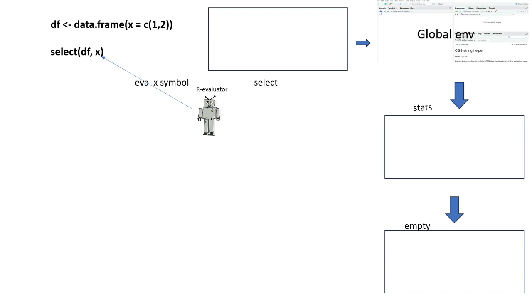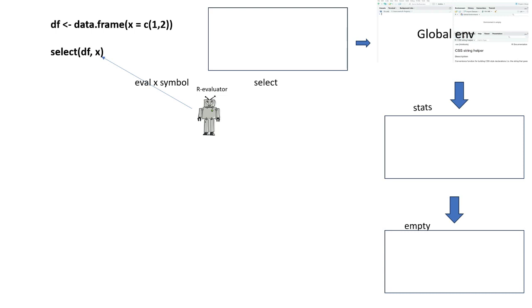So we know what the default behavior of our evaluator is. If it doesn't find the meaning of a value in the current environment, like here in the select environment, then it goes to the global environment, then the stats environment, then the graphics environment, then goes until the empty environment. That is the default behavior of our evaluator.